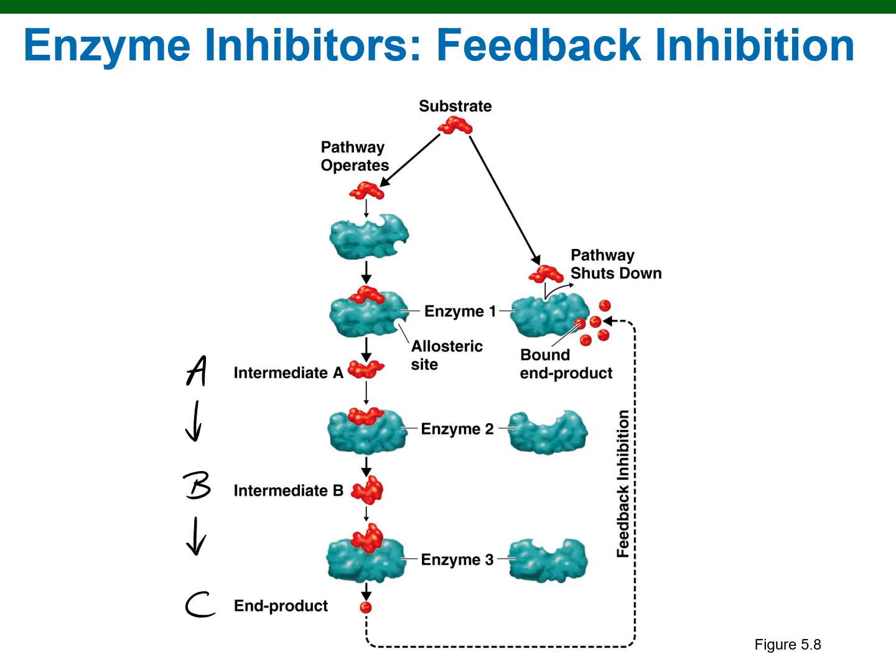The allosteric site is this area here where end product C will come and make contact. And that will effectively change the shape of the first enzyme of the pathway so that its active site no longer can bind to substrate, and then there will be no more manufacture of A or B or even C.